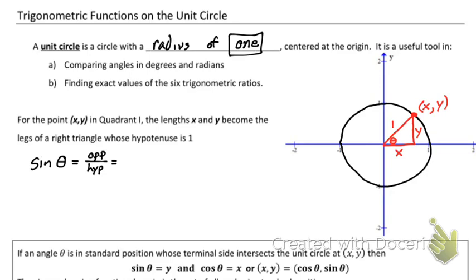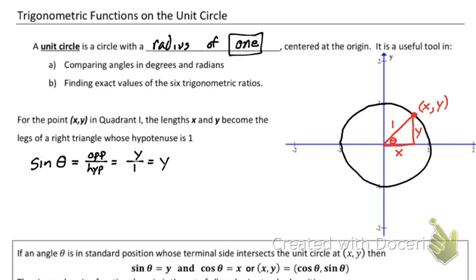So my opposite is just y. And we already said the hypotenuse of any triangle in here is 1. So that's y over 1, or just y. So if I knew this value right now, I would know the sine of that angle. Sine of this angle equals this y value.